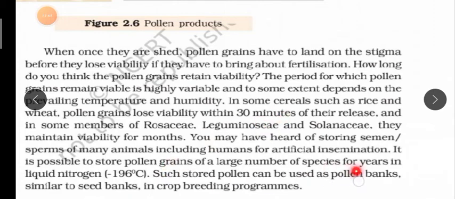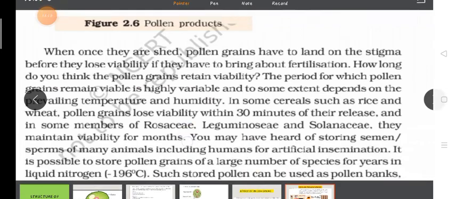Similarly, pollen grains can also be stored, as I already told you, by storing them in liquid nitrogen at a temperature of minus 196 degrees Celsius. Such stored pollen grains form pollen banks, and a pollen bank is similar to a seed bank. Pollen bank means where pollen grains are stored, and seed bank means where seeds of different species of plants are stored. This is useful for further purposes.